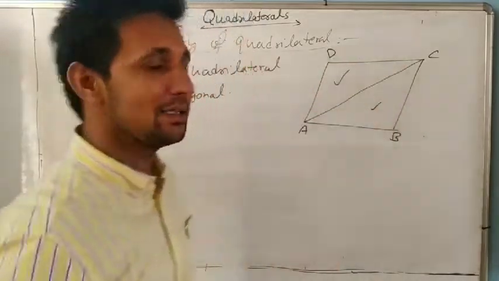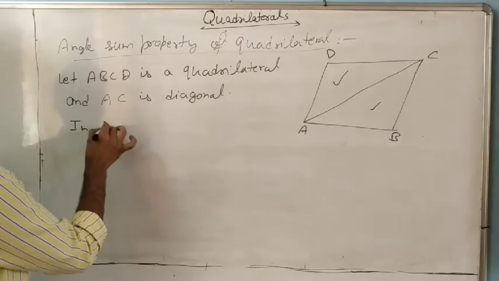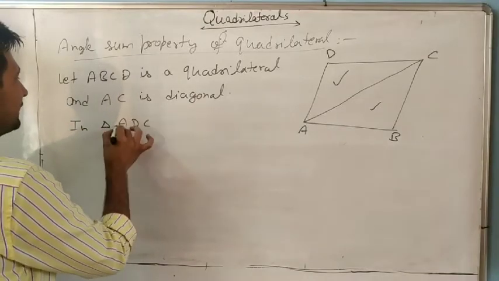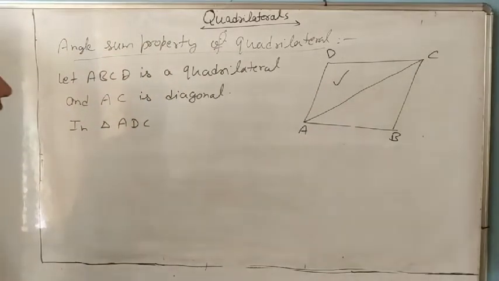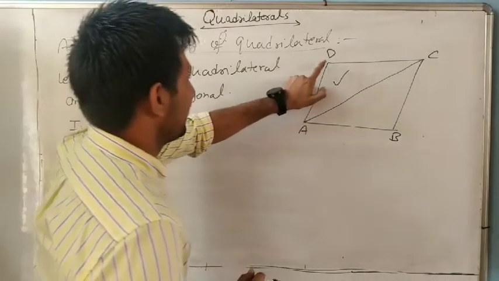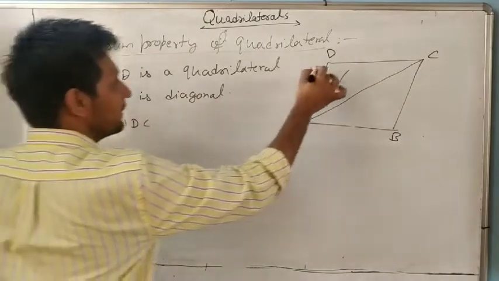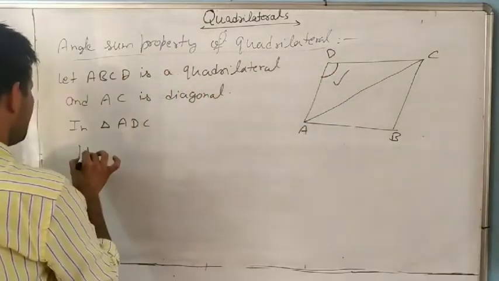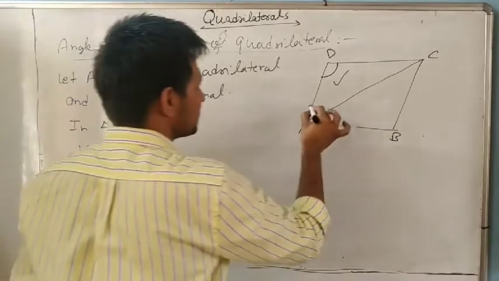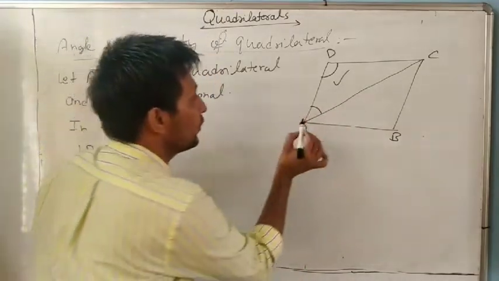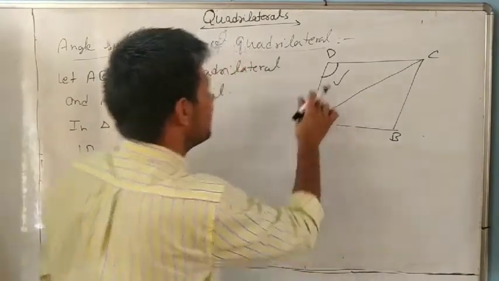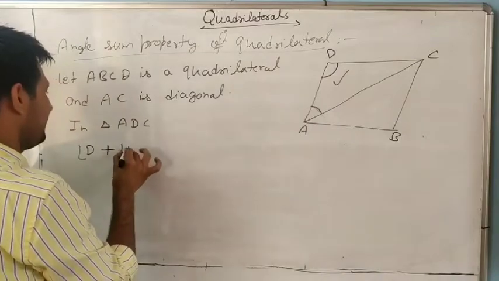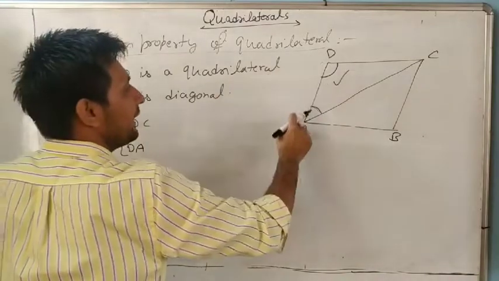In 2 triangles. So first I am taking triangle ADC. In ADC, you can observe angle D plus angle DAC, because the name of this angle is DAC.